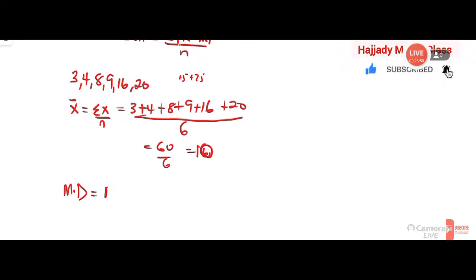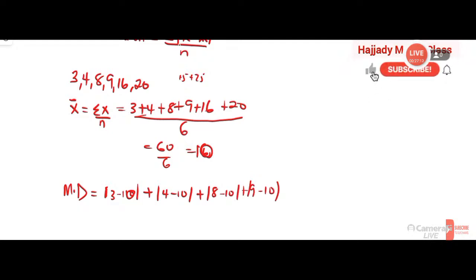So my x now is 3 minus 10, the positive value of it. The next observation, which is 4 minus 10, plus the next observation, which is 8 minus 10, plus the next observation, which is 9 minus 10, plus the next observation, 16 minus 10, and the last one, which is 20 minus 10.